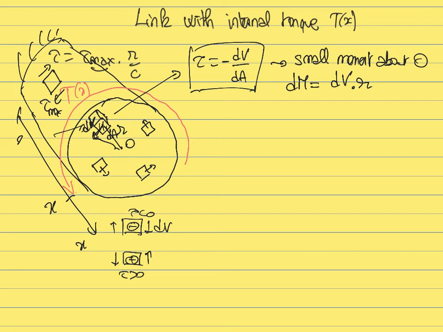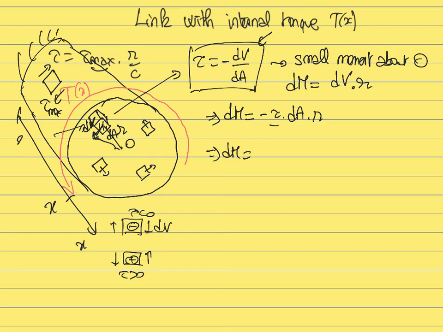So now if I rewrite this, the small moment dm created by dV is equal to dV times r. I can replace dV by minus tau times dA, using this expression here, times r. And I can also replace tau by its expression: tau is equal to tau max times r divided by c. So I can rewrite this small moment like this.